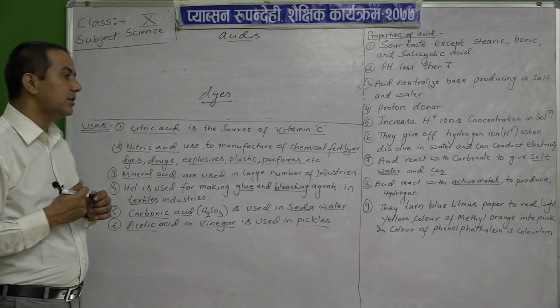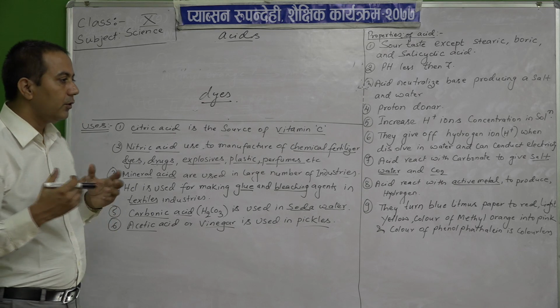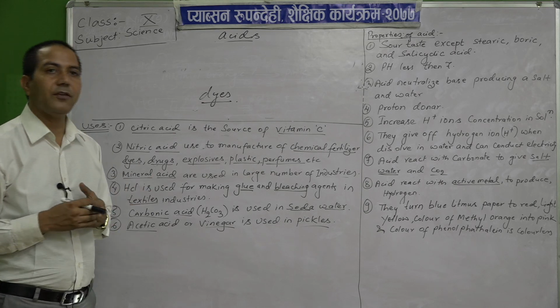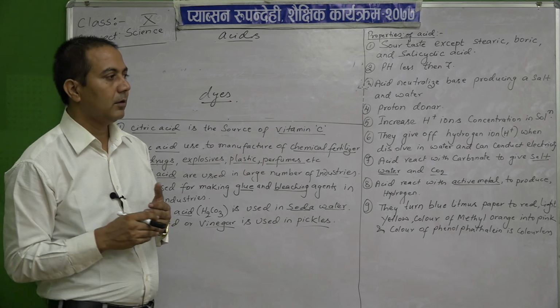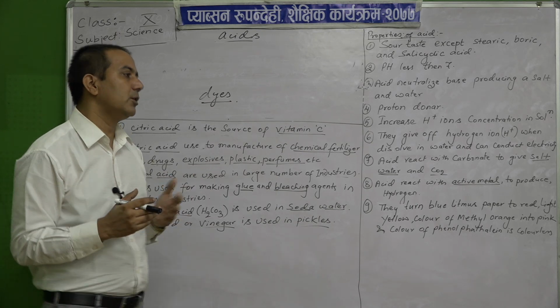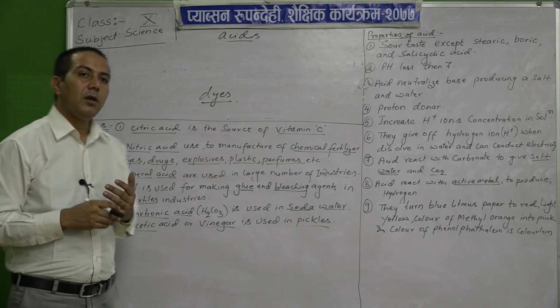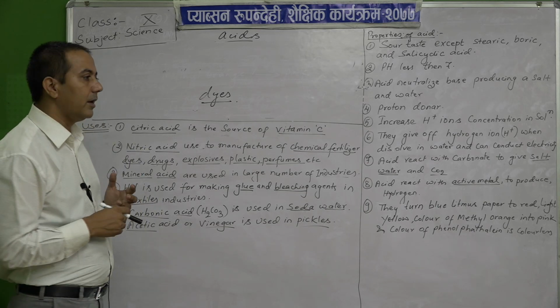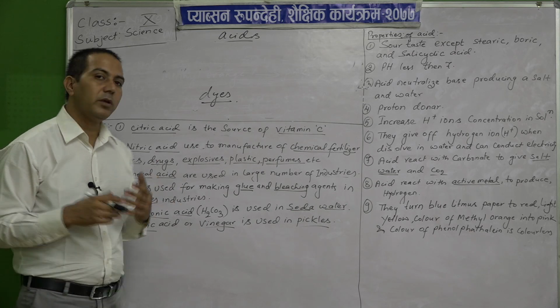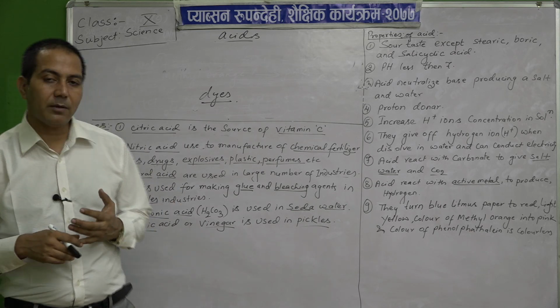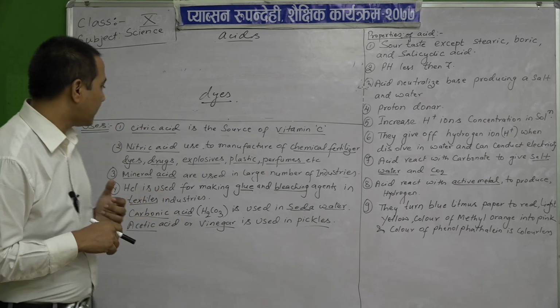So, these types of dyes are made using nitric acid. And another one is explosives, that is bombs and so on, which are also produced by the use of nitric acid. It is used in plastic also, in perfume also.